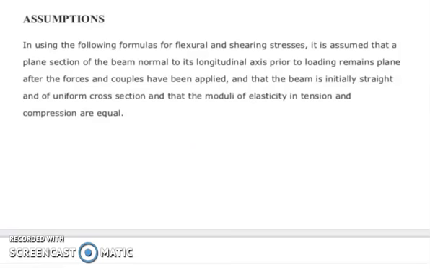So basically that is the assumption for using the formulas for flexural and shearing stresses. The section of the beam remains plane and normal to the longitudinal axis prior to loading, and remains plane after the forces and couples have been applied.